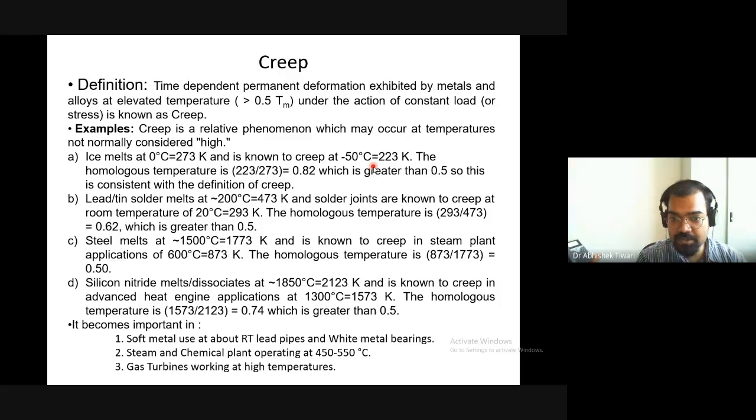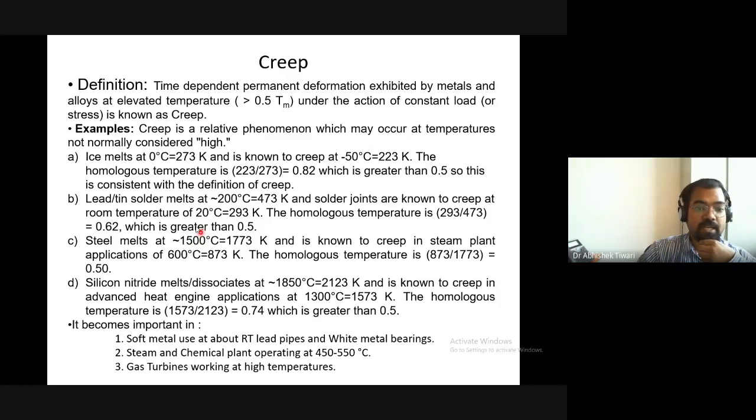A change by 1 degree plays an important role in the deformation, because we will see that the creep rate increases even if you change the temperature by a very minute amount. The creep rate changes in a lot of materials, and of course in ice it will be very, very high because the creeping temperature is already negative, and usually we are not at minus 50 degrees Celsius in the environment, we are higher than that, so we are already at a higher temperature. So that is one thing.